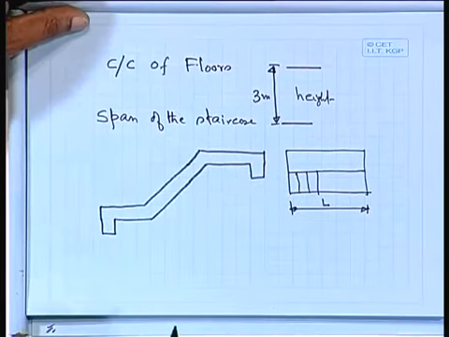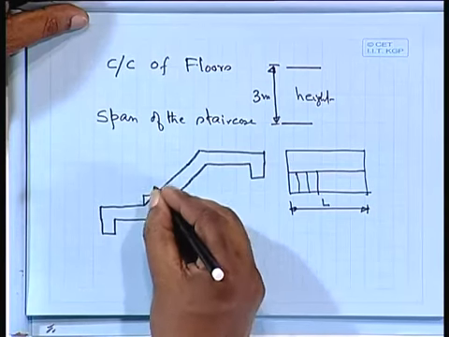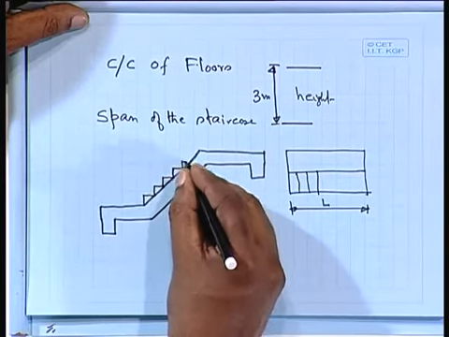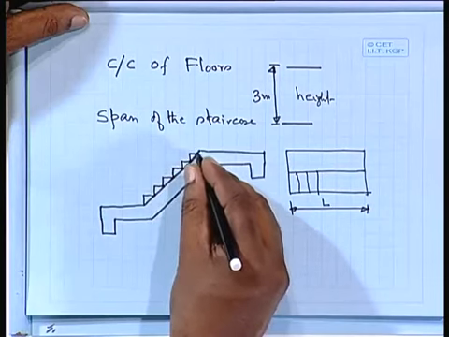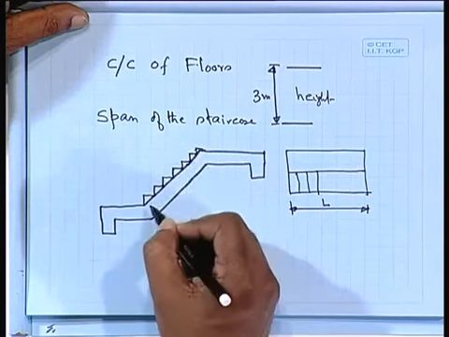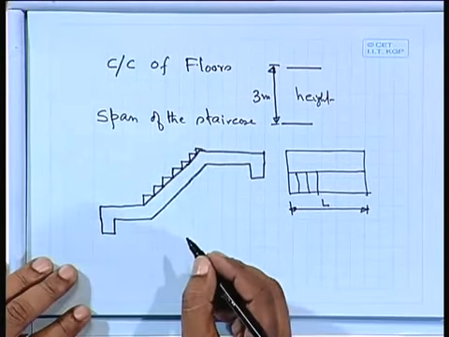This may be one case. And here the steps are here. These steps may be constructed by bricks. So when we have this, we shall take only the dead load of these steps. So what about your effective span?